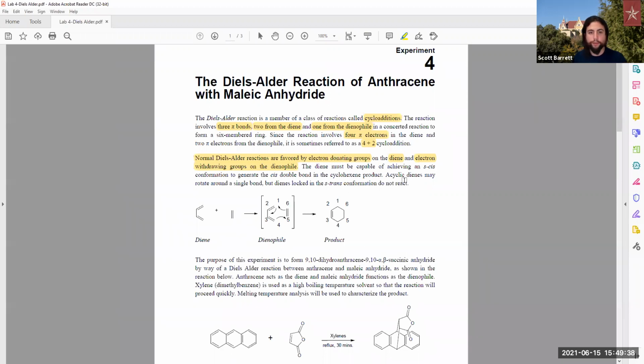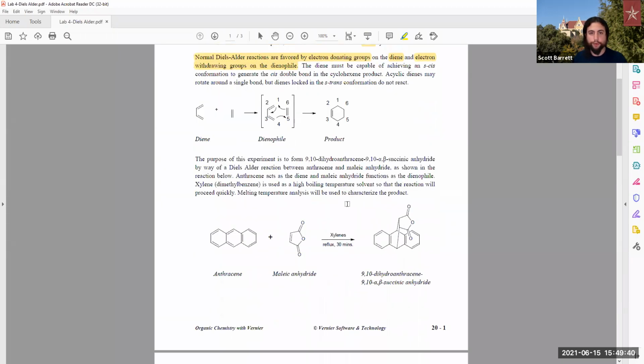So going forward down here, we should talk about the formation of a bridged heterocycle. And in this case, it is this long one here, but it is 9,10 dihydro anthracene 9,10 alpha beta succinic anhydride. And I know that's a mouthful, but if you look at it, it's not too bad.